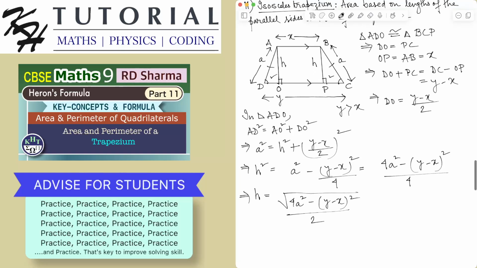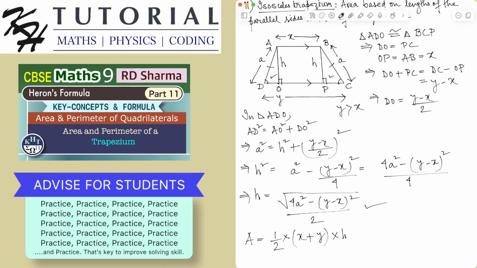So then the area will be equal to, as usual, half into the sum of the parallel sides multiplied by h, where h is this. So in this way we can find the area of an isosceles trapezium, where the given information is the length of the parallel sides and the length of the non-parallel equal side.